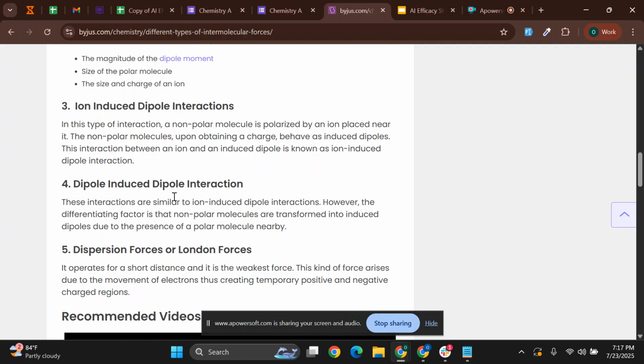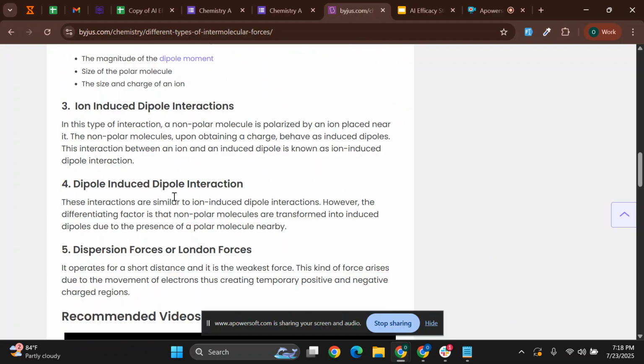Dipole-induced dipole interactions are similar to ion-induced dipole interactions. However, the differentiating factor is that non-polar molecules are transformed into induced dipoles due to the presence of a polar molecule nearby.